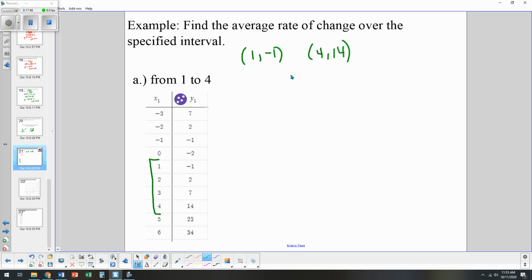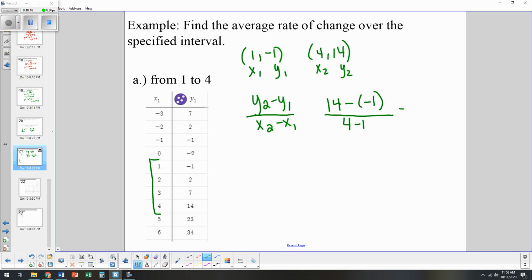Slope is found by change in y, or y2 minus y1, over the change in x, or x2 minus x1. So we have 14 minus -1 over 4 minus 1. This becomes 14 plus 1, or 15, over 4 minus 1, or 3. So my average rate of change is 5 over the interval 1 to 4.